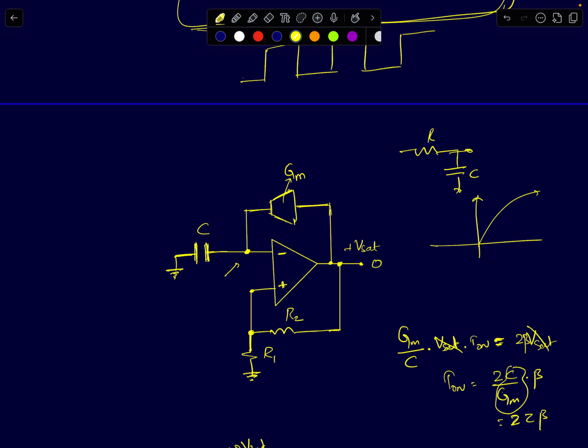It will be an exponential, asymptotic charging. If you have a transconductor, on the other hand, Gm and C, and you apply a step input, you will get a constant current into a capacitor. It's almost like feeding a constant current through a capacitor. Therefore, the capacitor voltage can ramp linearly. That's the only difference here.